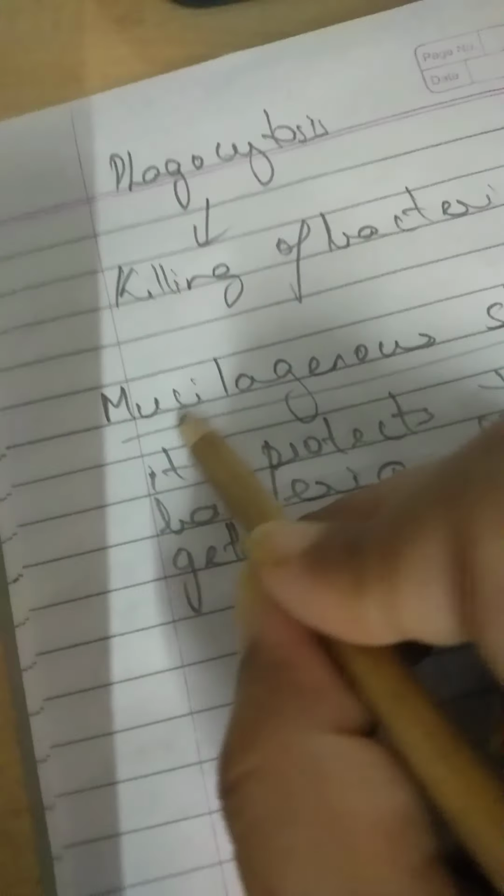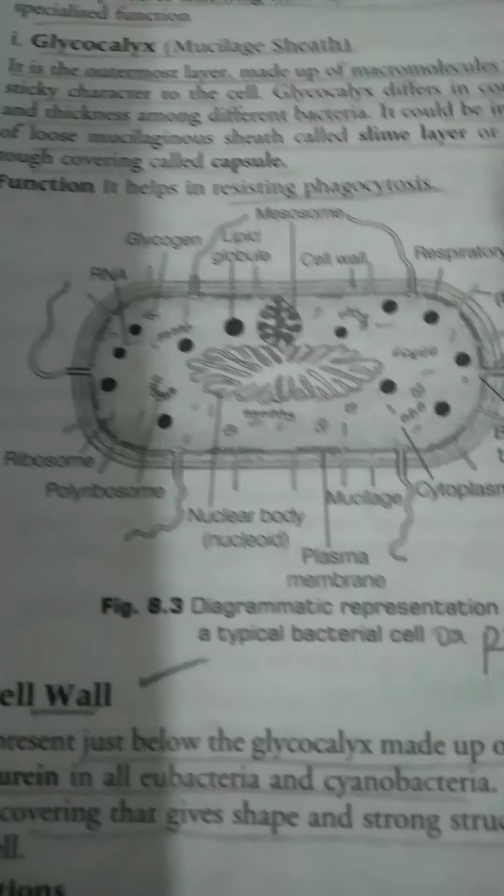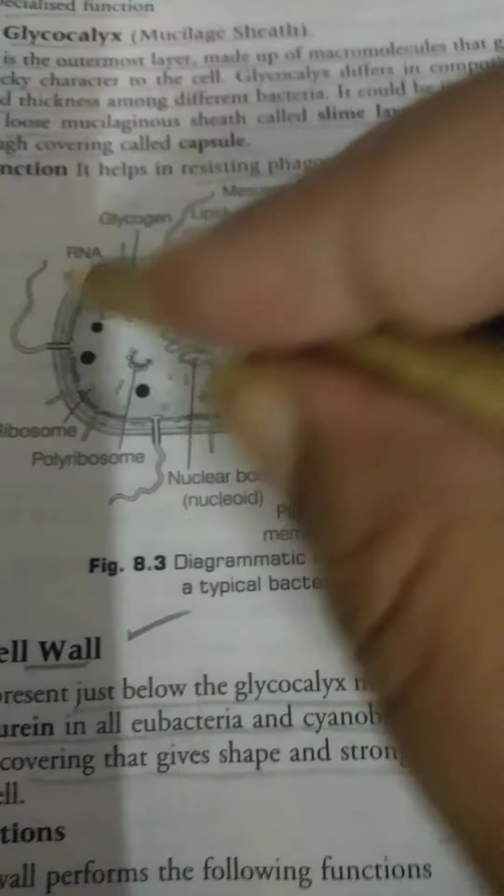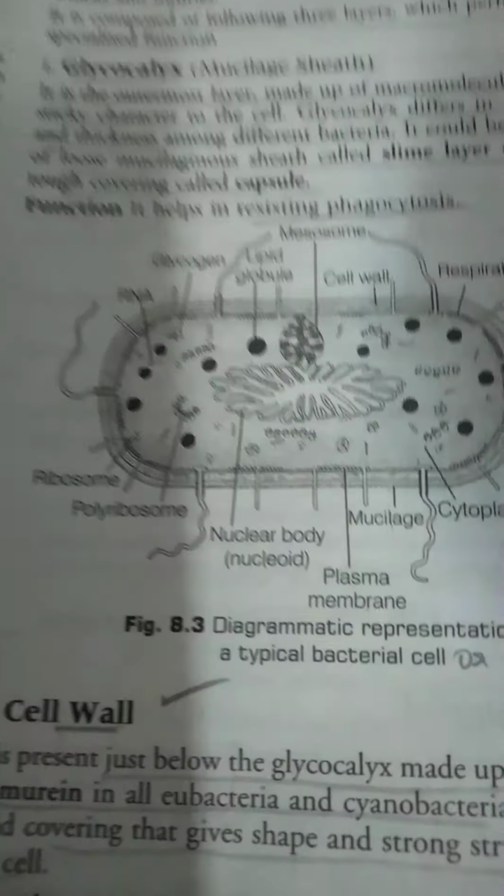Okay. So this was about the mucilaginous sheath. What is its function? It helps in resisting phagocytosis. So this was about the glycocalyx, the outermost layer of the bacteria, which is called glycocalyx or the mucilaginous sheath or the capsule.